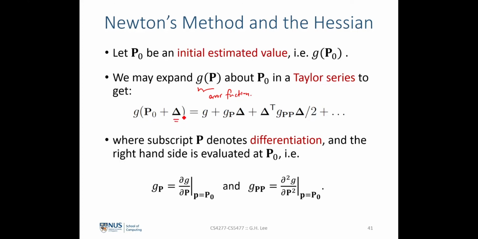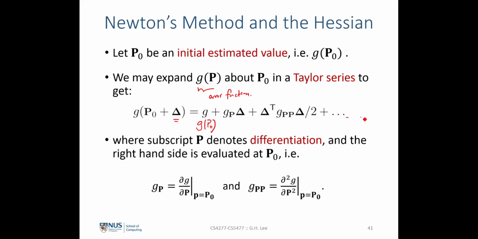This means that there is a delta change in the parameter p0, and it would be equal to g defined at p0, plus the first order derivative of g with respect to p multiplied by delta, where delta is the small change of p0, plus the transpose of delta multiplied by the second order derivative of g multiplied by delta, divided by 2.